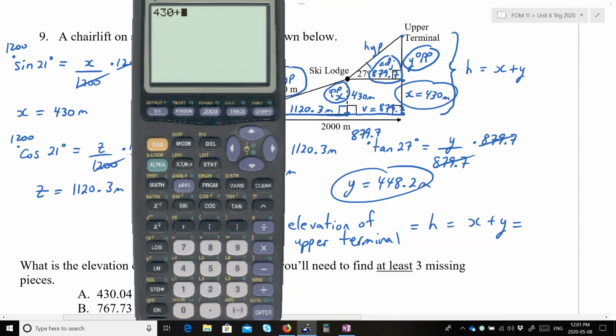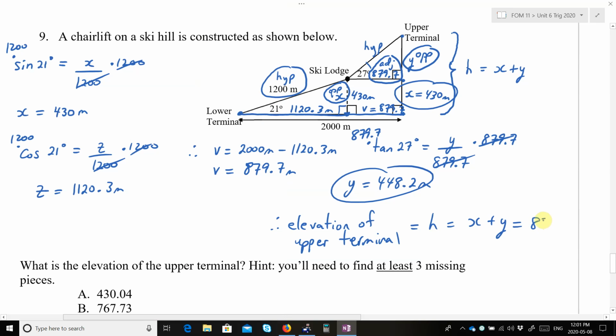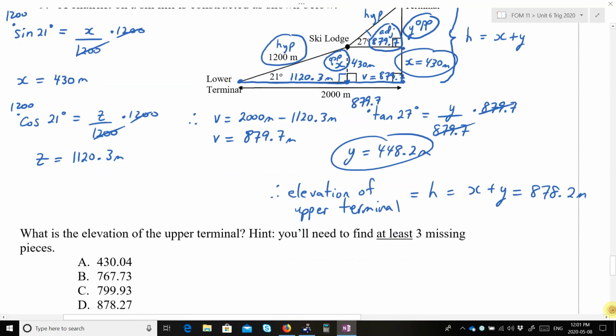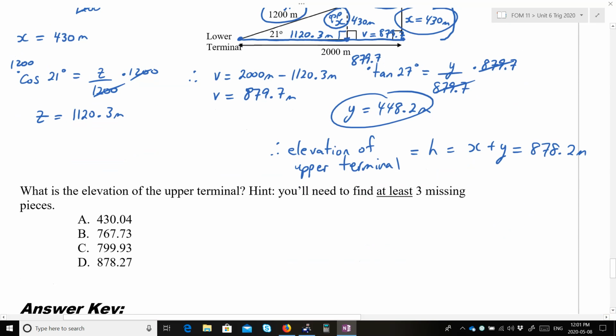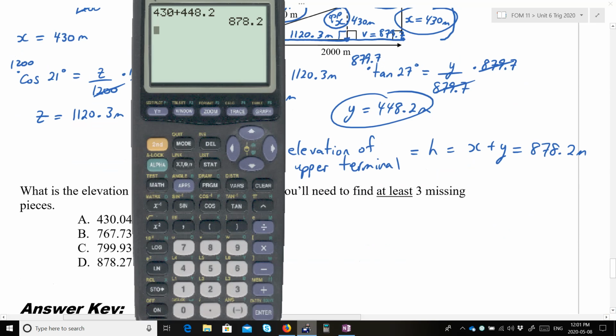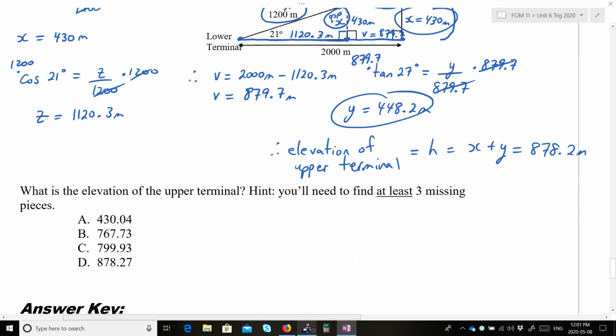X is 430, y is 448.2, and we get 878.2 meters. Hey, look at D, 878.2. They went to 2 decimal places. I probably should have done that throughout.